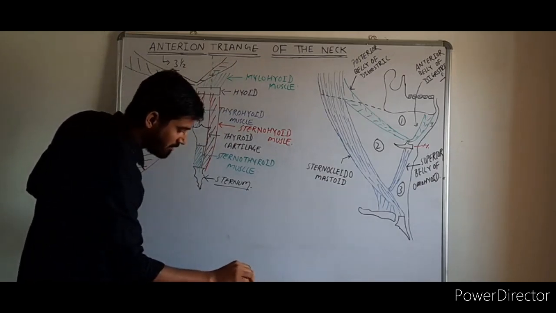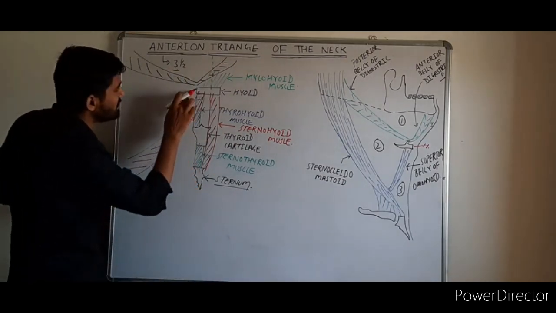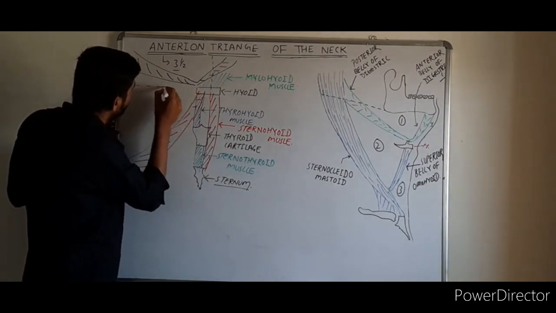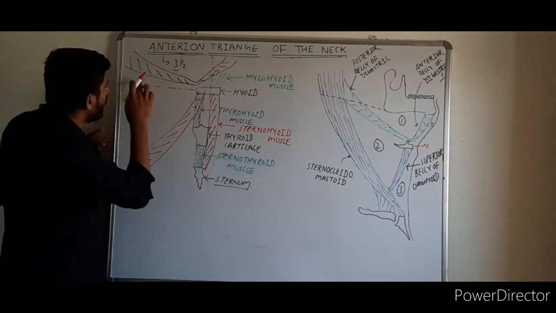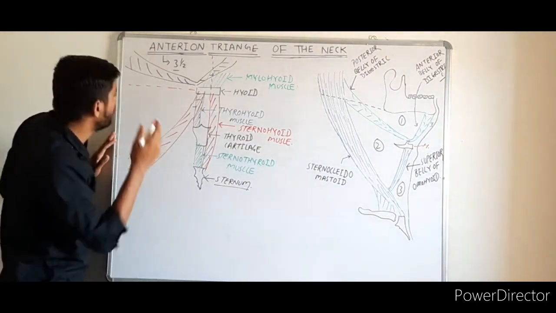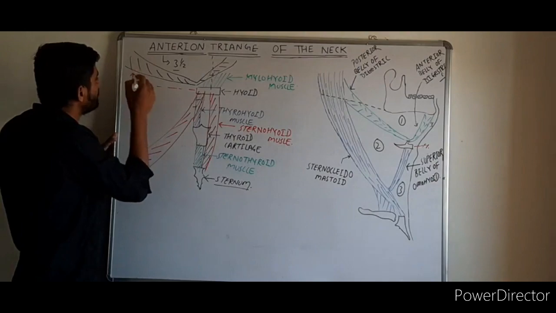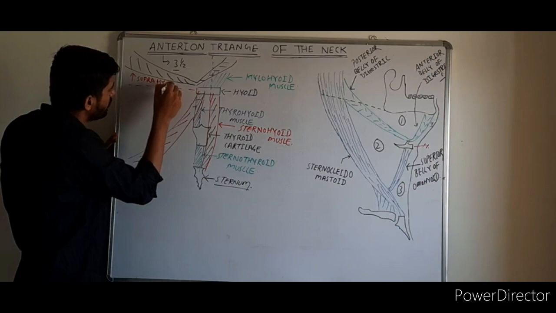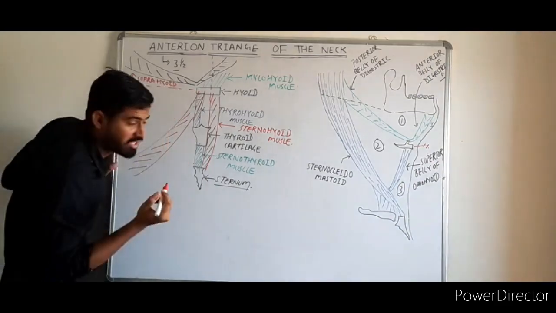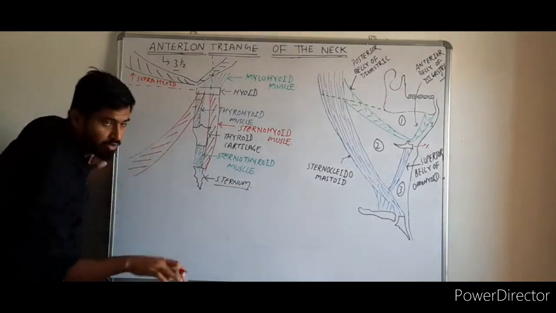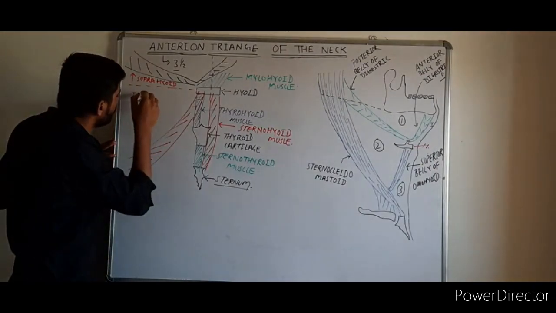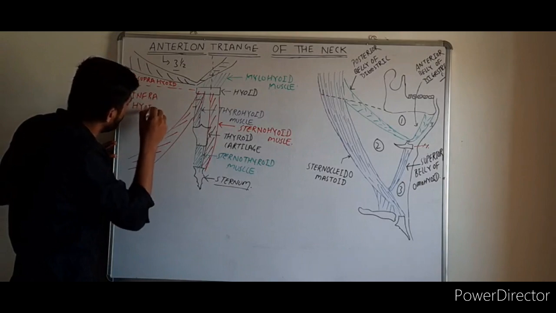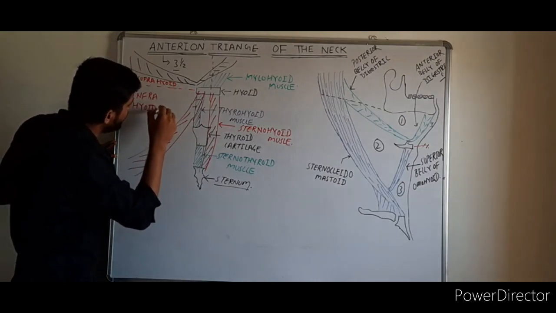Now, you just tell me one thing only. If this is the hyoid, this is the level of the hyoid. Above that is suprahyoid, so this area is called the suprahyoid area, and this area below the hyoid is the infrahyoid area.